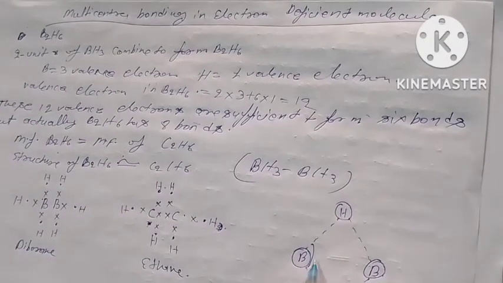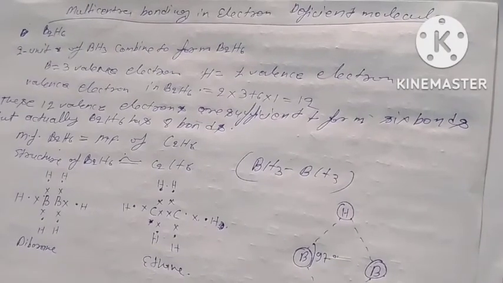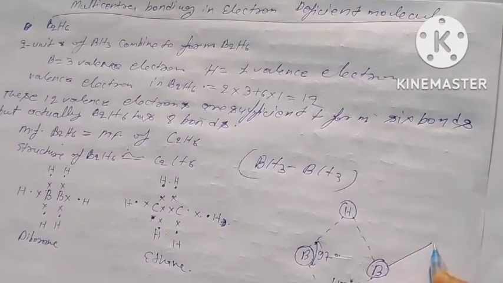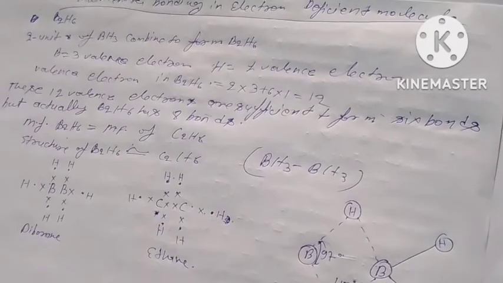This is 97 degree. This is 97 degree. This is 100 degree, and this is hydrogen. This is hydrogen.